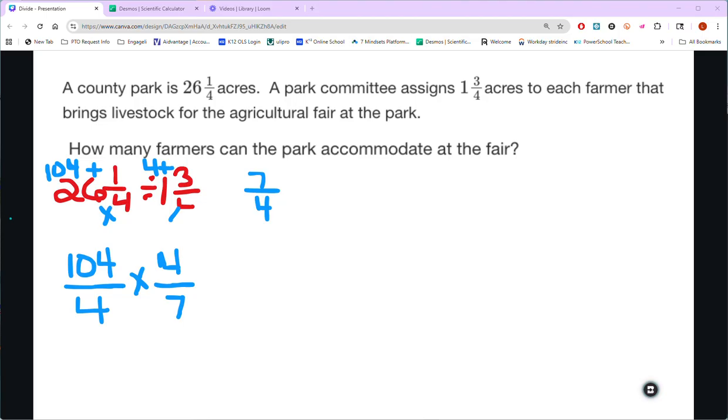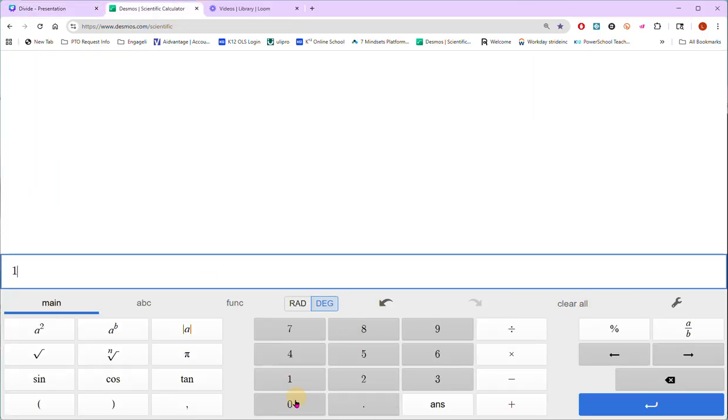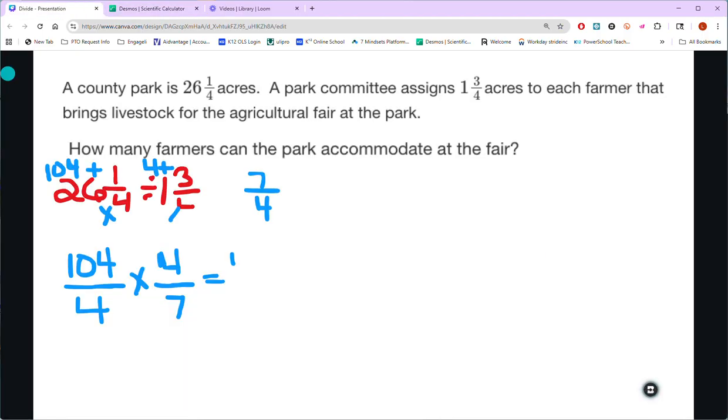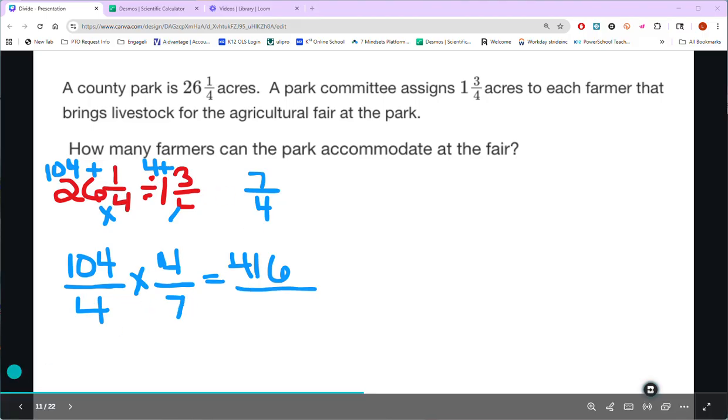So we have 105 times 4. That gives me 420. And then 4 times 7 gives me 28.